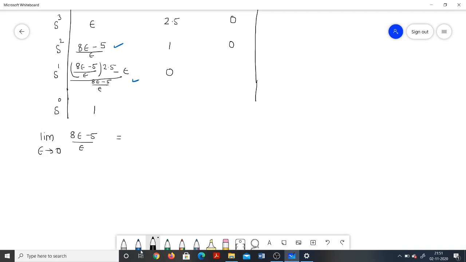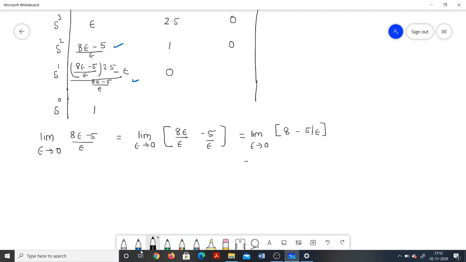Okay, I'll just simplify this. Okay, so this will become what? Limit as epsilon tends to 0, 8 epsilon divided by epsilon minus 5 divided by epsilon. Okay, so this will further get reduced as limit as epsilon tends to 0, 8 minus 5 divided by epsilon.